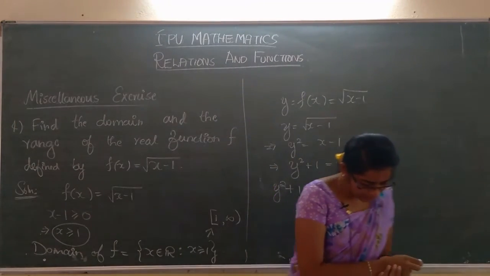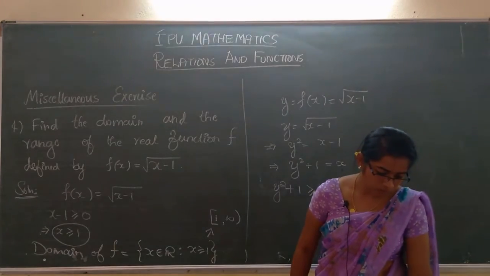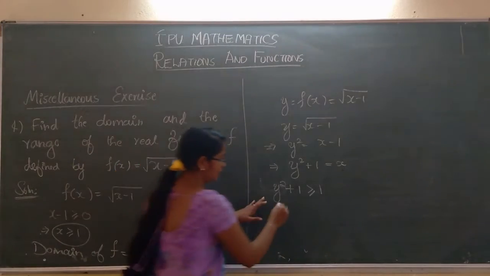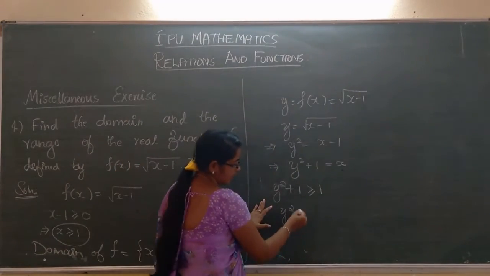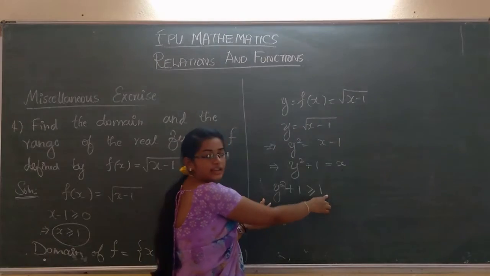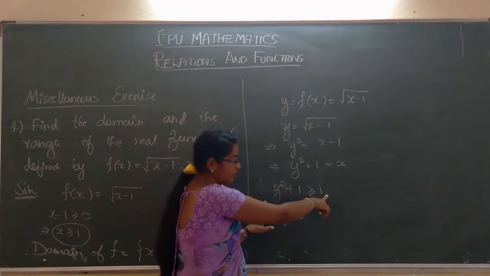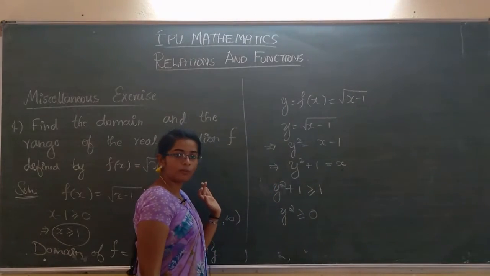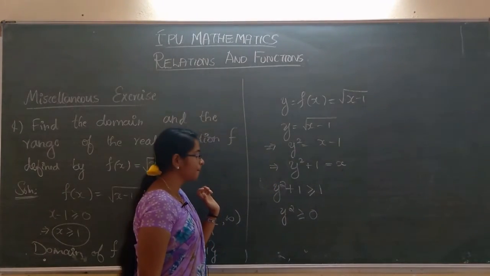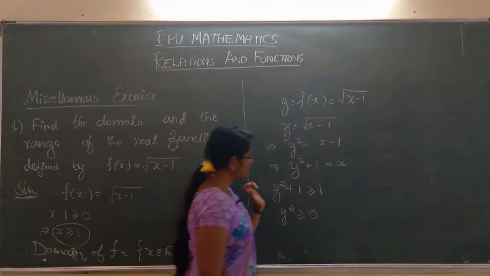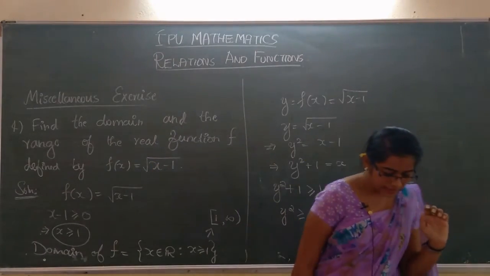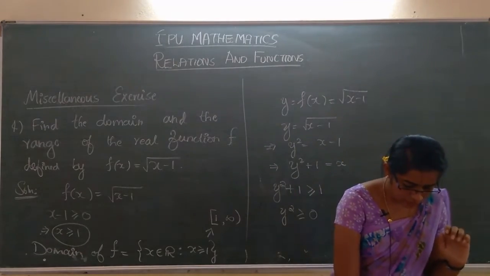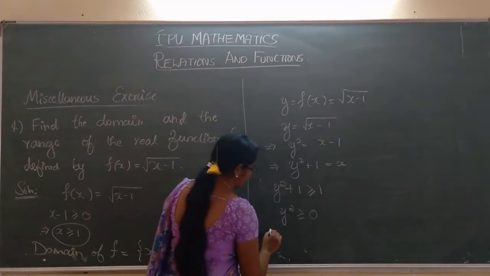What does that imply? y squared is greater than or equal to, taking 1 to the other side, 0. That implies that y is greater than or equal to 0.